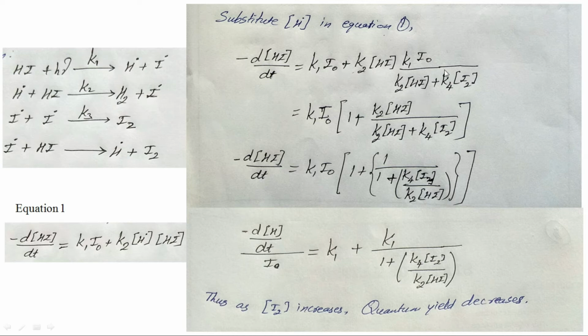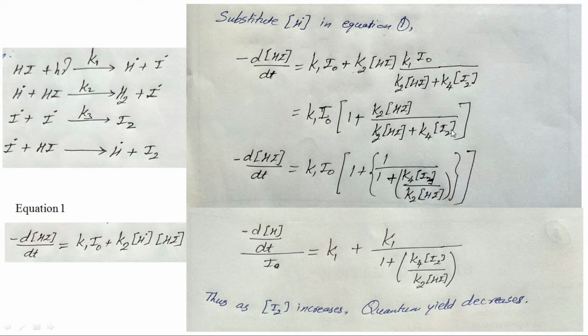In these two terms on the right hand side, K1 I0 is common, so I am taking it out. Within the bracket we get 1 plus K2 [HI] divided by K2 [HI] plus K4 into iodine concentration.